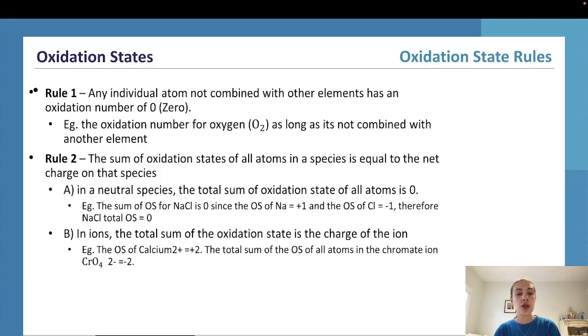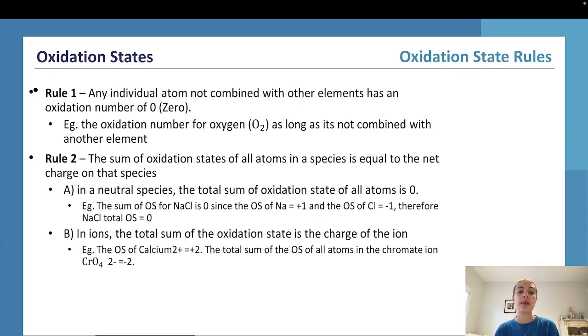In a neutral species, the total sum of the oxidation states of all the atoms is going to be 0, for the entire molecule. For example, NaCl, sodium chloride, isn't an ion, so it has a sum of oxidation states of 0 in total.